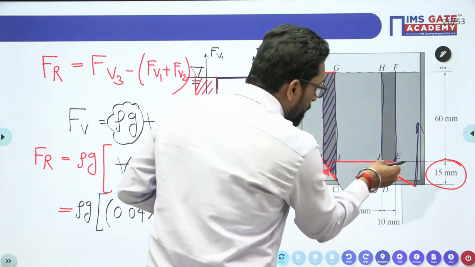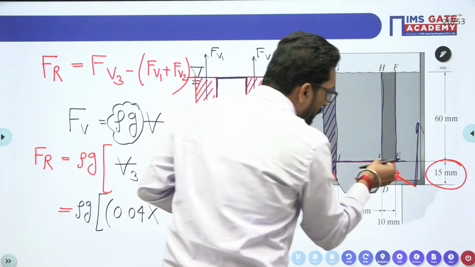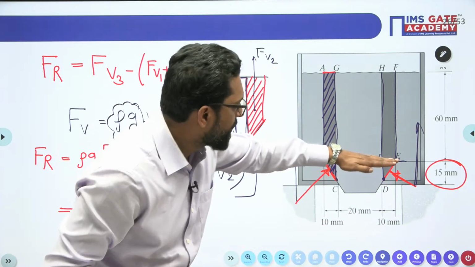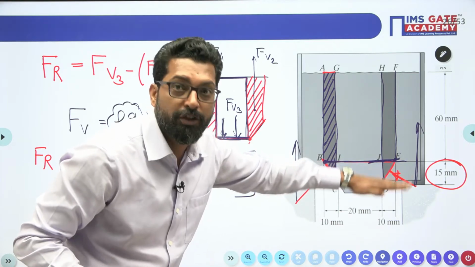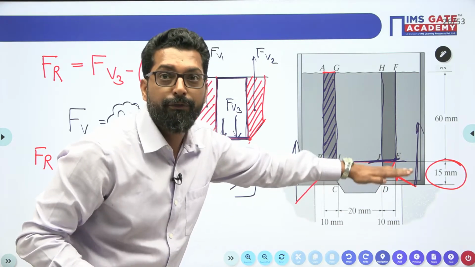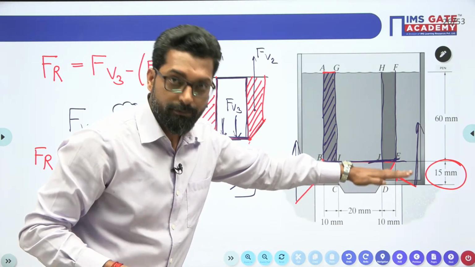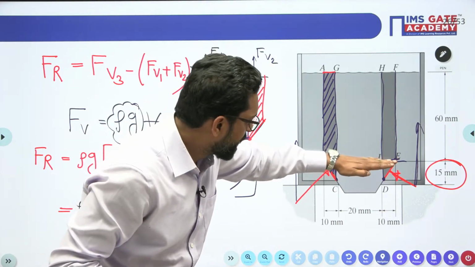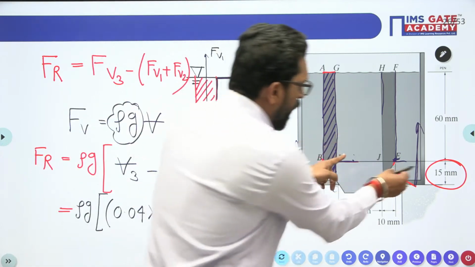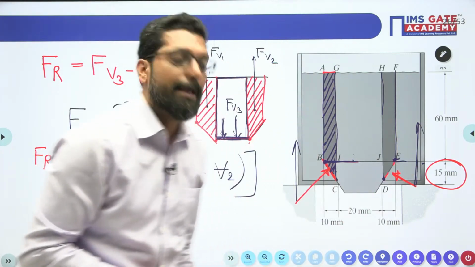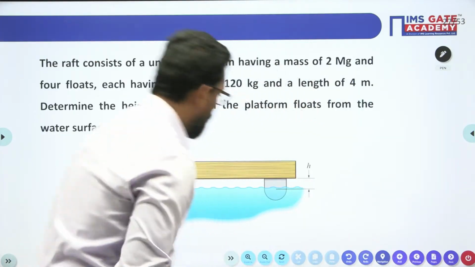No, it is up to this height. Why? Because in this portion there is no fluid. In this portion only there is fluid. So we take a height of 60 mm.